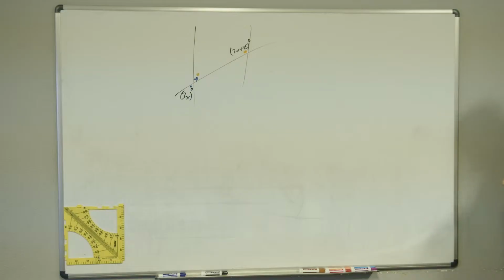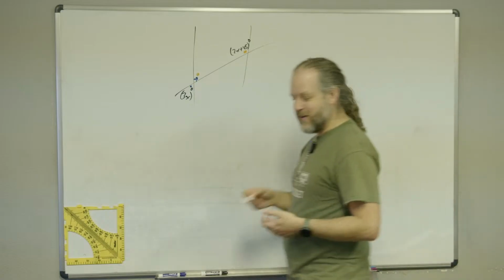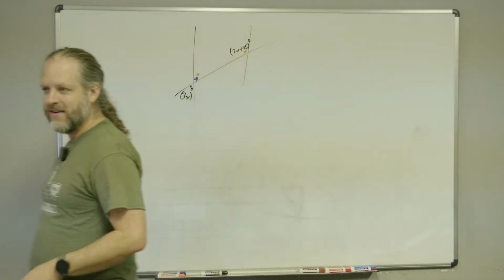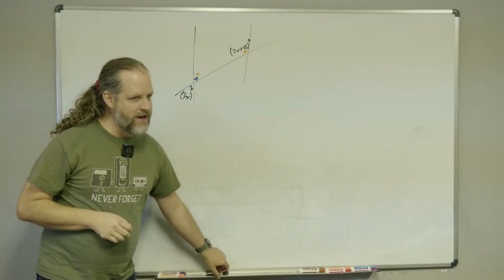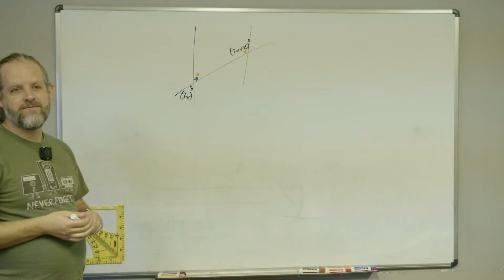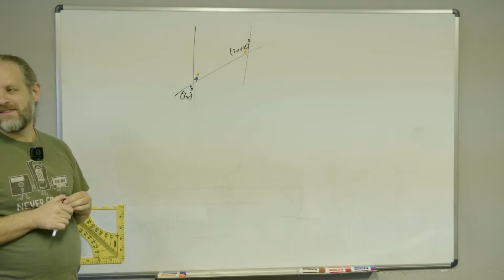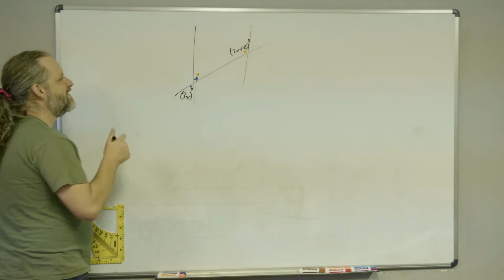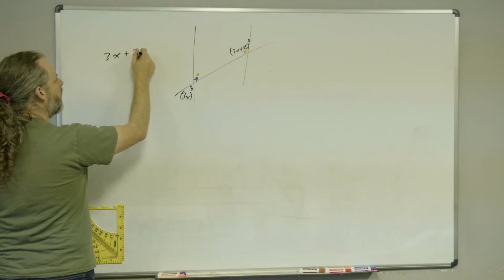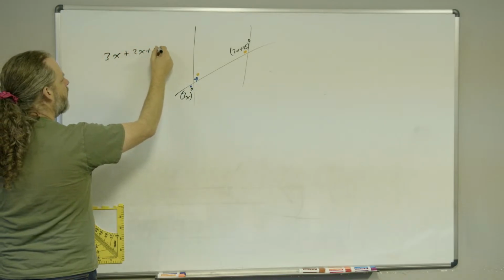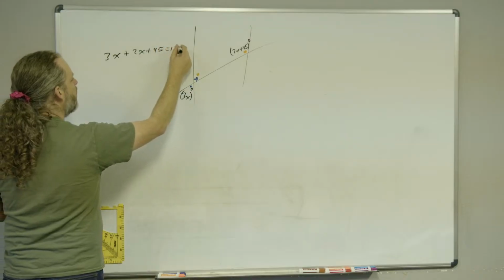So how are they related? Are they congruent or are they supplementary? Supplementary, that's true. So what would the equation look like if they're supplementary? 180. So 3x plus 2x plus 45 equals 180.